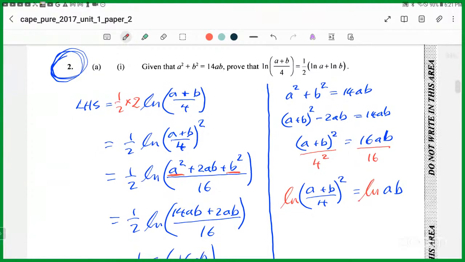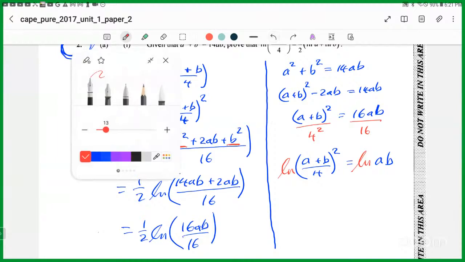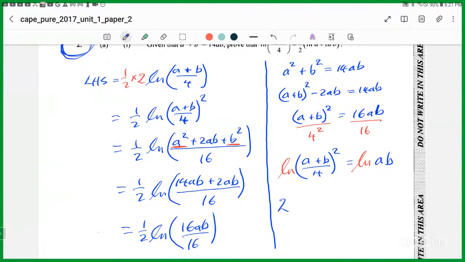When I take ln of both sides, this 2 will come to the front. So I'm going to get 2 ln of a plus b over 4 equals ln, and then I can expand this, because ln of ab becomes ln a plus ln b.